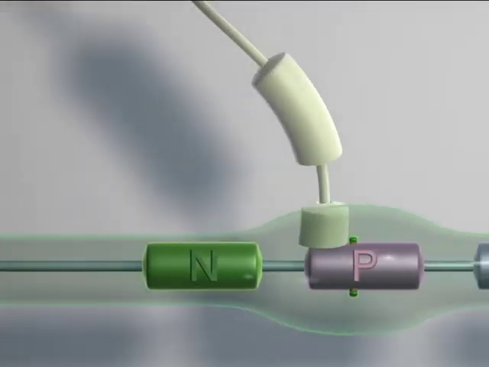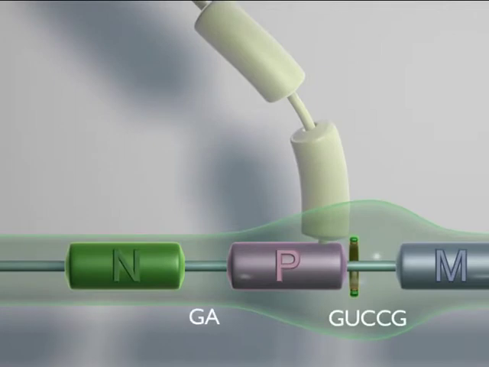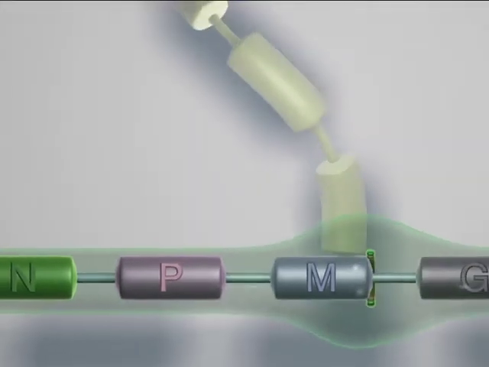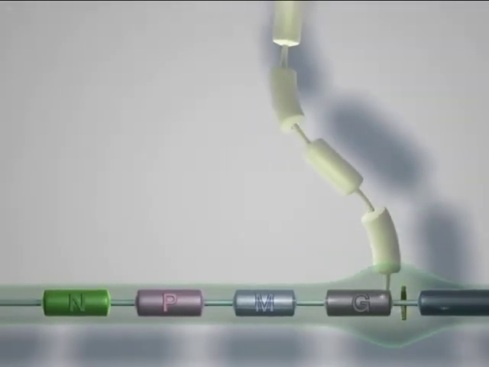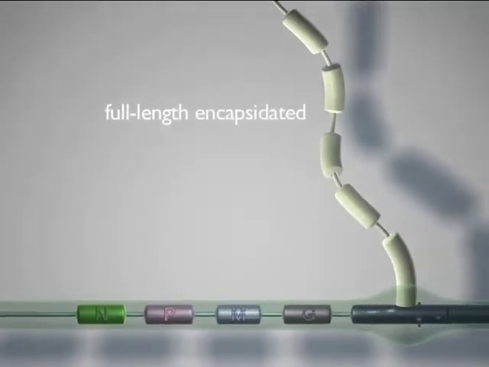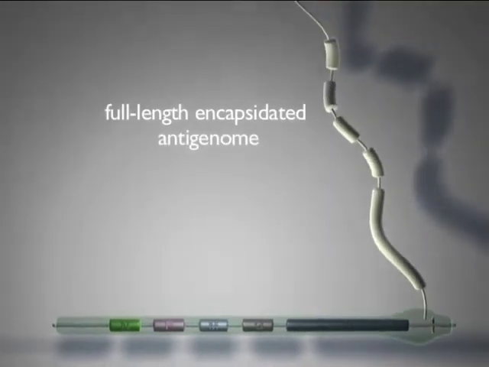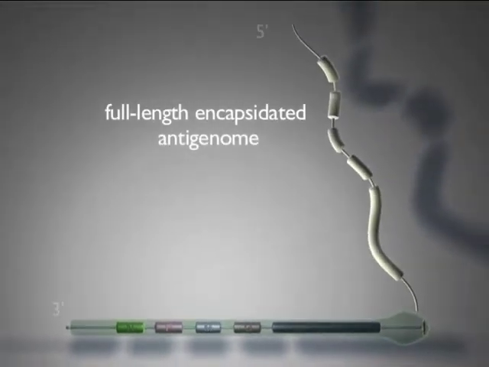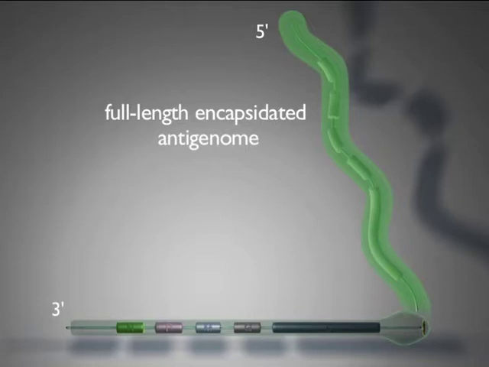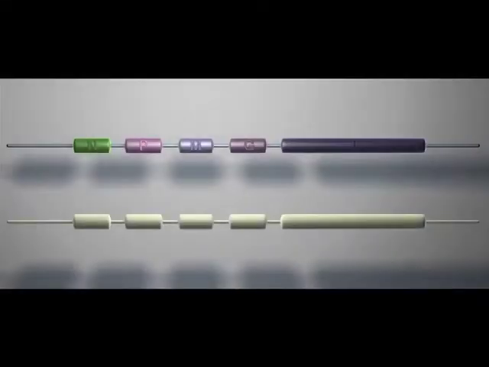The viral RNA polymerase will ignore the sequences at each junction. It will ignore their start-stop mechanism, and it will generate full-length encapsulated RNA that is complementary to the genome. In other words, the encapsulation of the leader regulates the switch from messenger RNA synthesis to antigenome synthesis. Replication has begun.